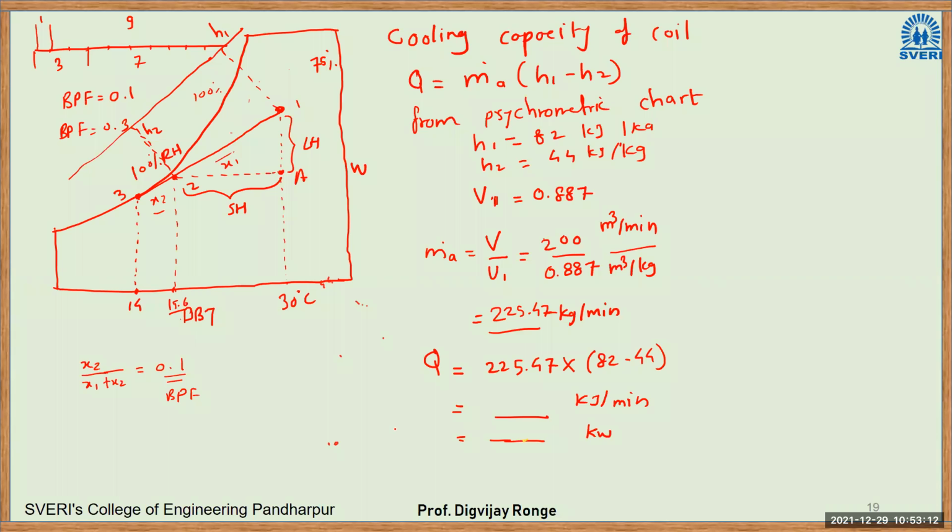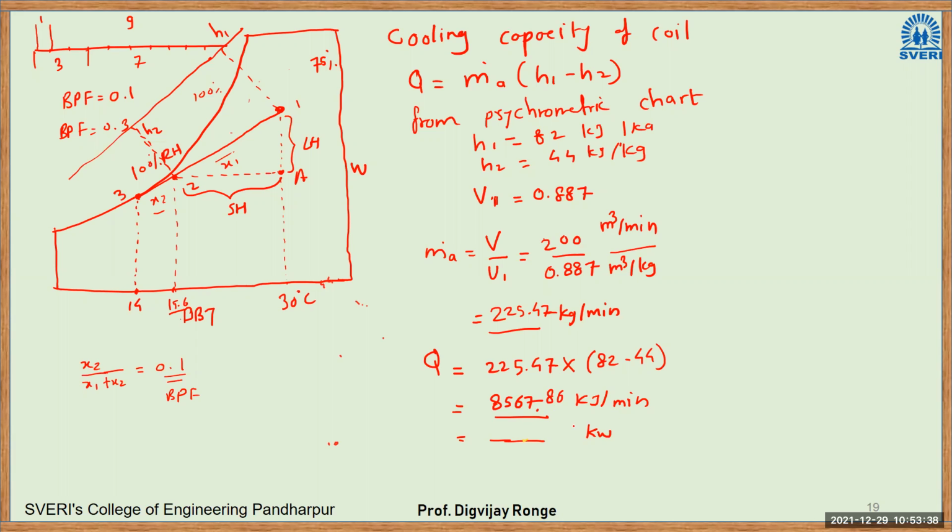Saurabh, have you calculated in kilojoule per minute or kilowatt? 8567. 857.86. Okay. Convert it into kilowatt. How to convert into kilowatt? Just simply divide it by 60, because in 1 minute we have 60 seconds.